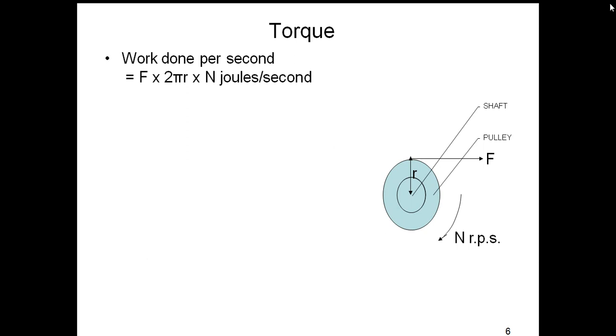And the same work, if we write in seconds, that is work done per second, then it is written as F into 2 pi R into N joules per second.